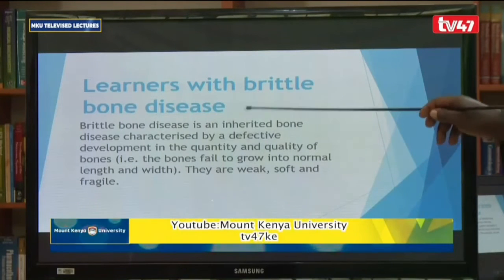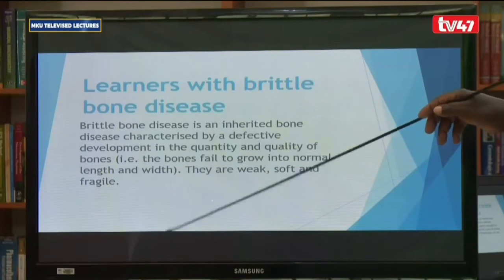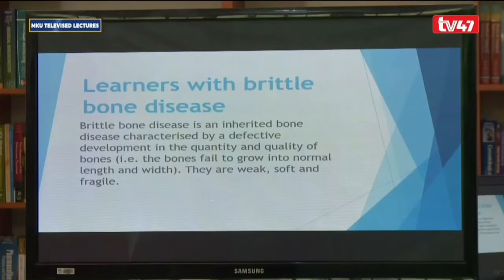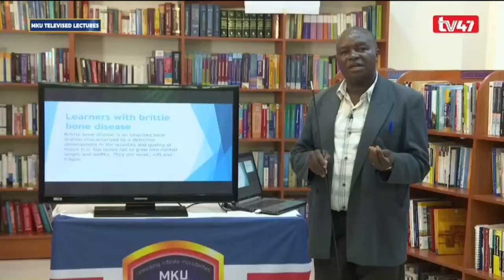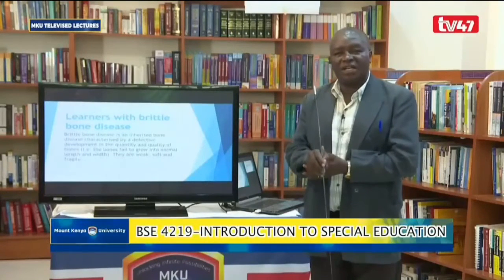This condition, called brittle bones, when you talk of quality and quantity, means that the bones break easily because the quality is very poor. Quality is the one which determines the effectiveness of any bone, the way it is structured, the strength.